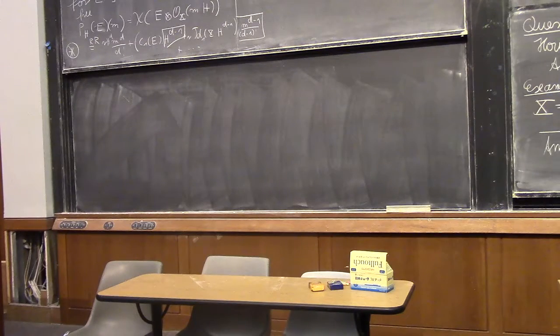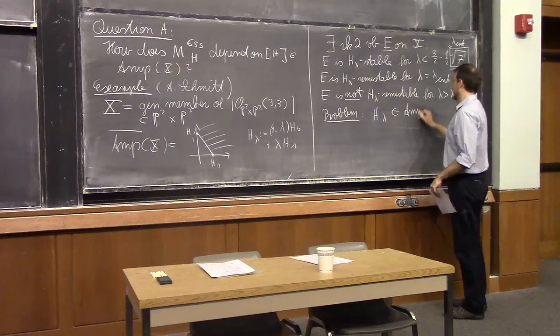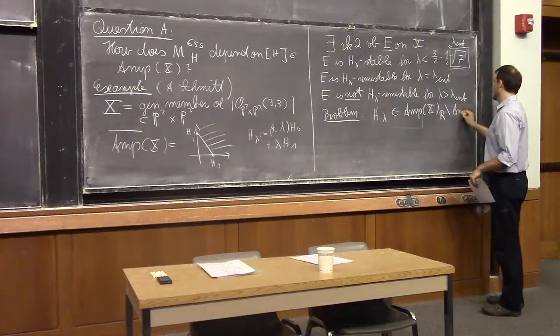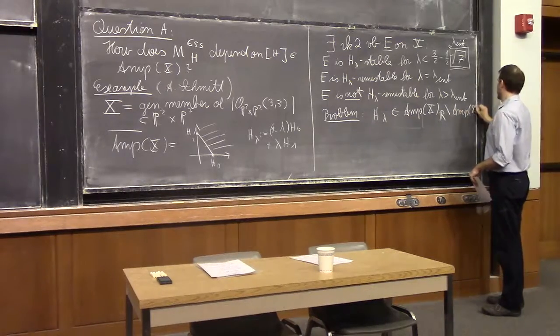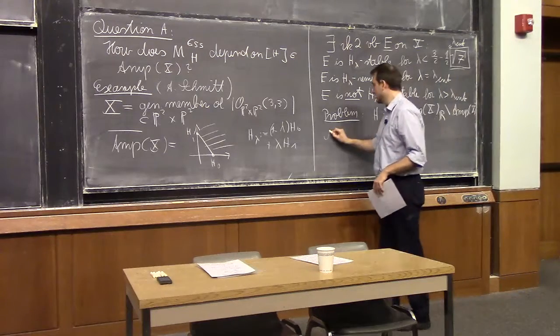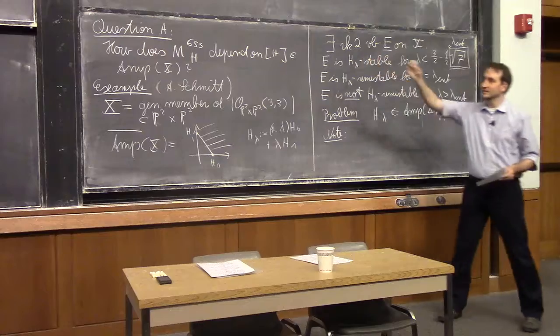So the first problem is that H lambda is in the real span of the ample cone without coming from a line bundle. And the second thing you note is that somehow formally you have something.